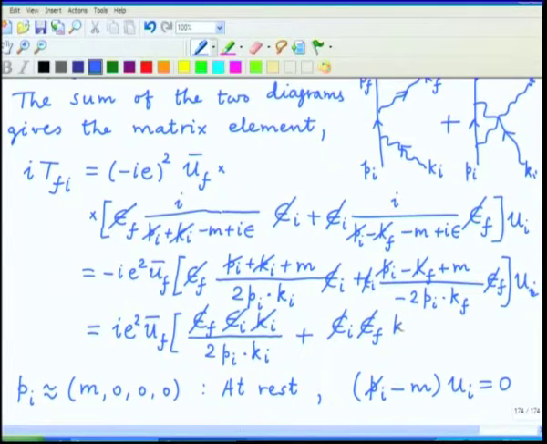the product divided by 2 p_i dot k_f, whole thing acting on u_i.